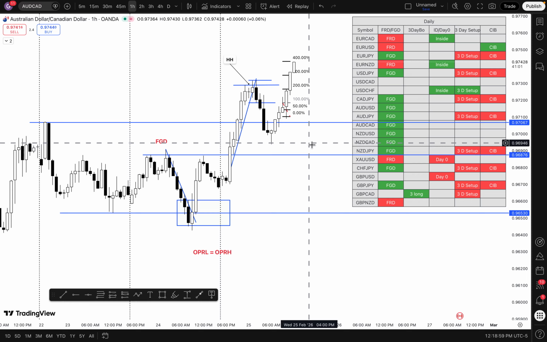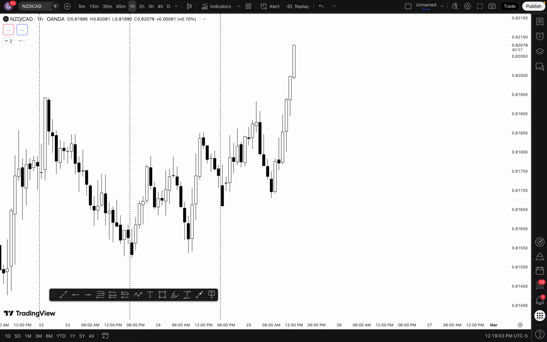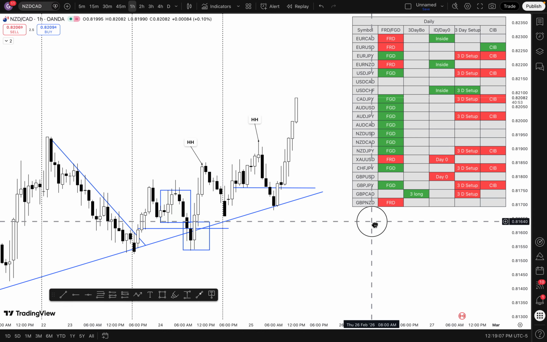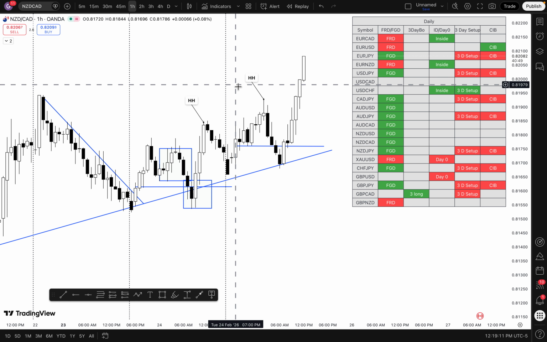Okay, we go to the next pair, New Zealand CAD. The same thing, the same setup, nothing changed. Market is making higher highs. Let me show you guys.